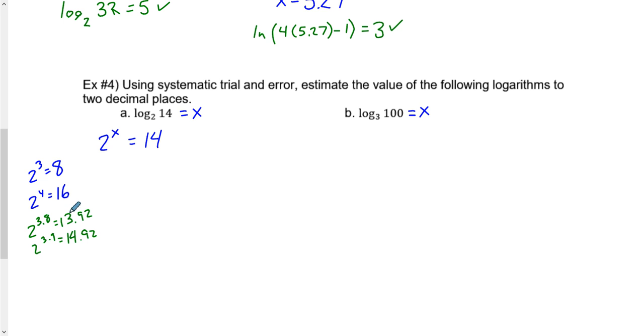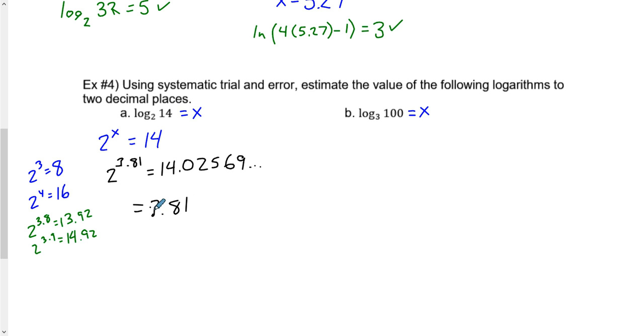So 2 to the power of 3.81 is 14.02. If I just go to 2 decimal places, the closest that I could probably get would be 3.81. I get 14.02569, which is probably as close as we're going to get. So our answer is 3.81.